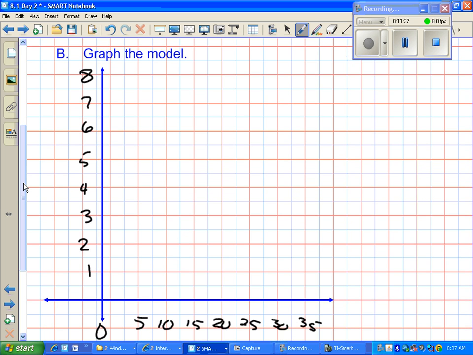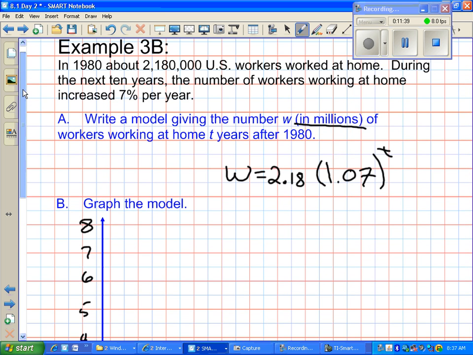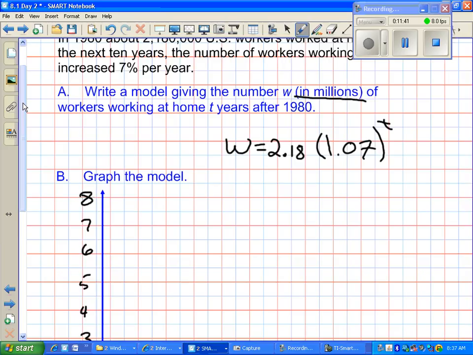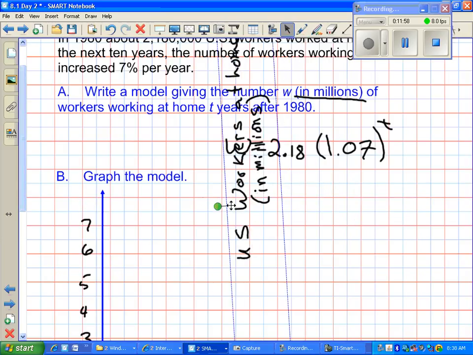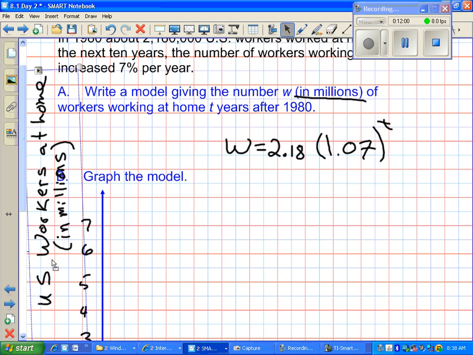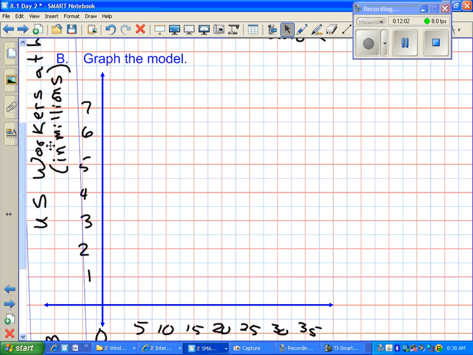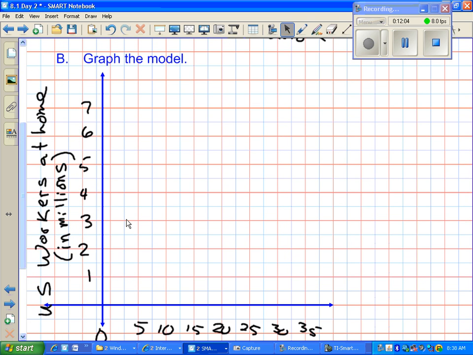Now I need to say that this is U.S. workers at home. And then I need to say in millions. And I took the 8 with me. That's all right. And I know that's crooked. Deal with it.